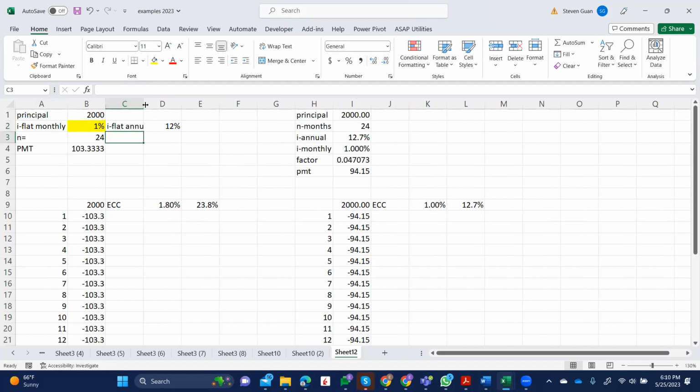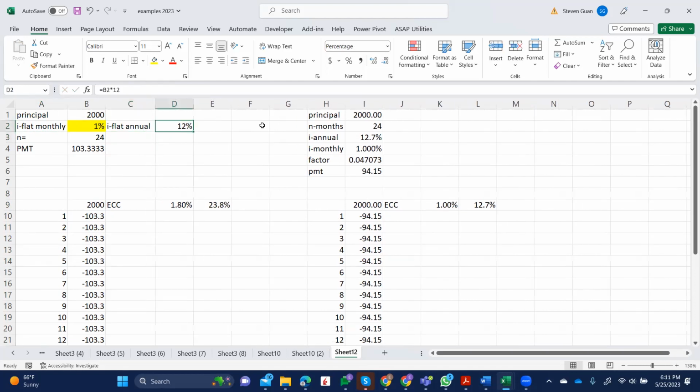You can see that this 12% is lower than this 12.7%, but indeed it's not lower, because the way you compute the payment using the simple or flat rate implies that you are going to be paying almost double what we're paying here, guys.